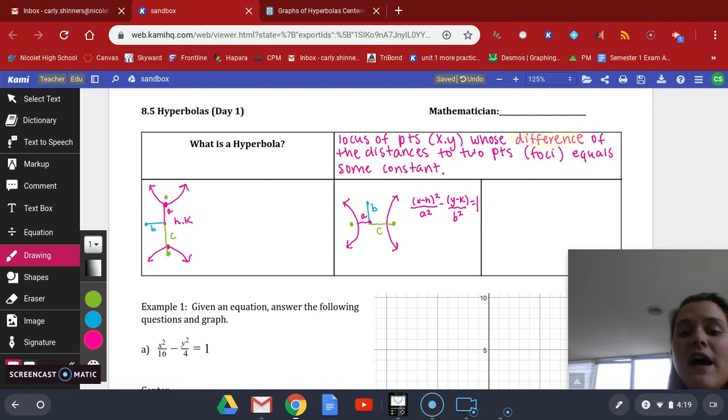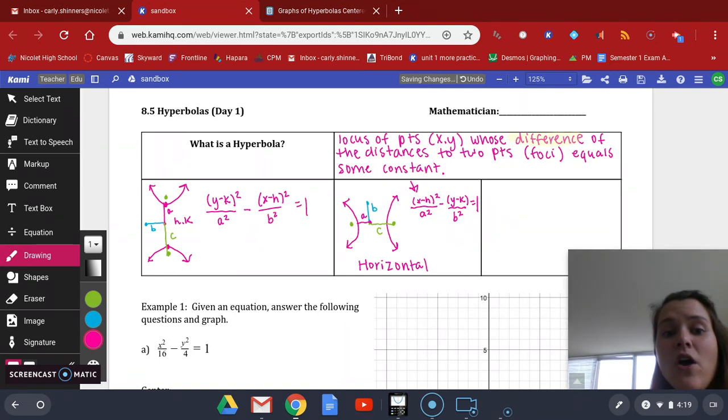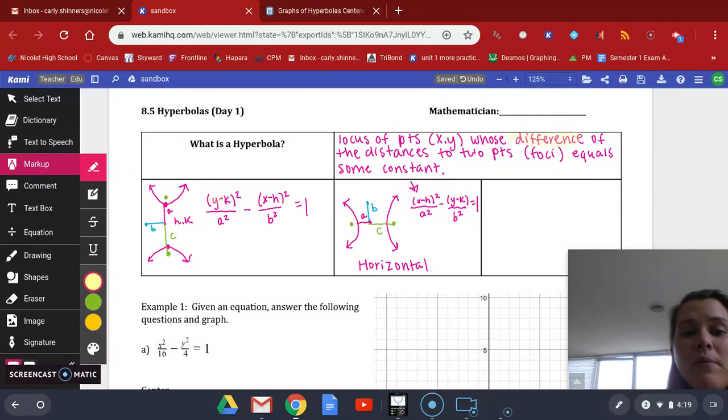So a horizontal hyperbola is when the x term comes first. In the vertical hyperbola, the y is going to come first. So that's how you know if it's going to be a horizontal or vertical hyperbola, whichever variable comes first.